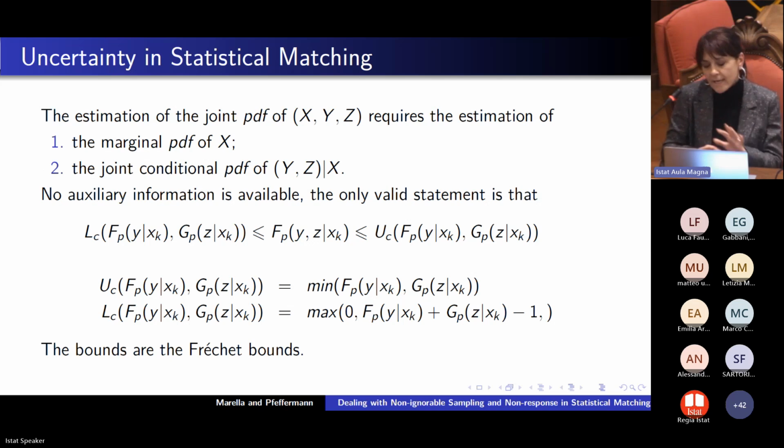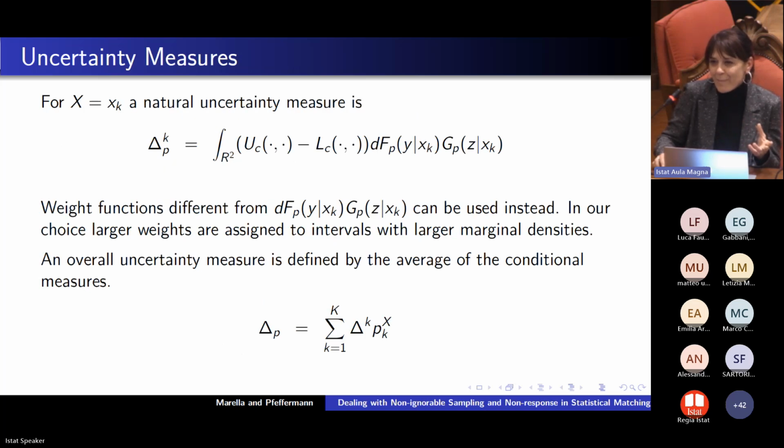And then if no auxiliary information is available, the only valid statement is that the cumulative distribution function of Y and Z given X is between these two bounds. They are different bounds, okay? And clearly we can define a natural uncertainty measure conditionally on X, given by this expression. We take just the difference between the upper and the lower bound.